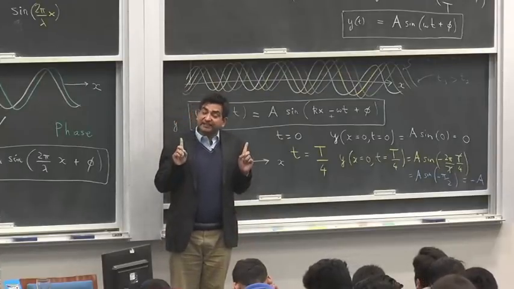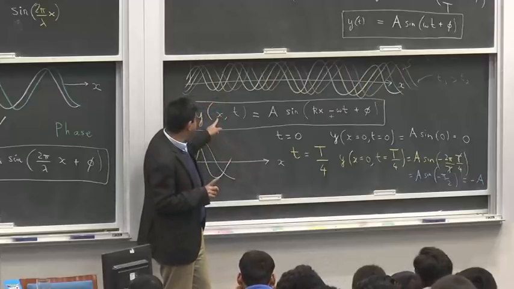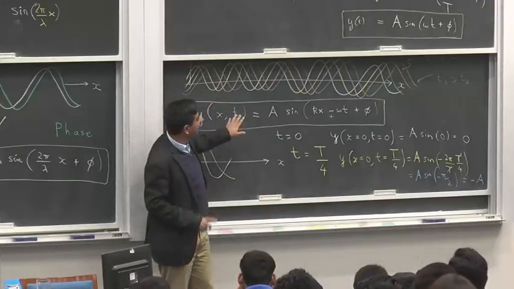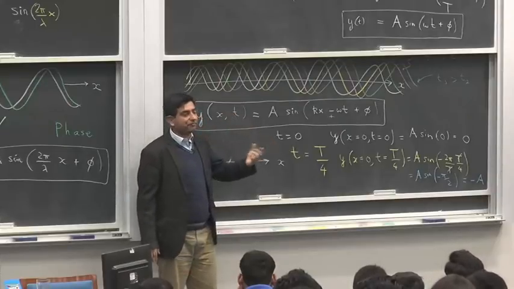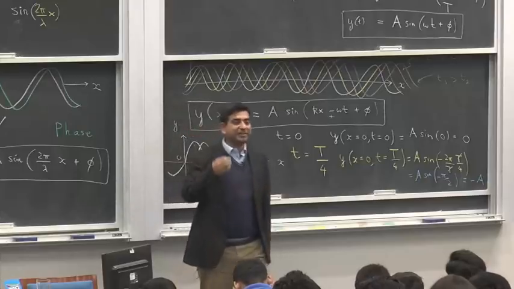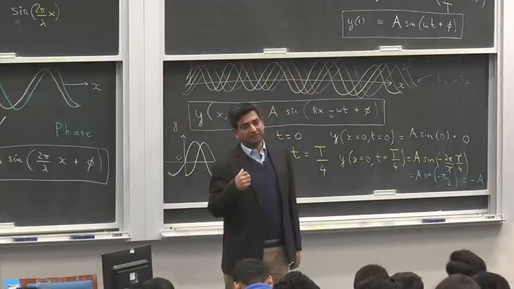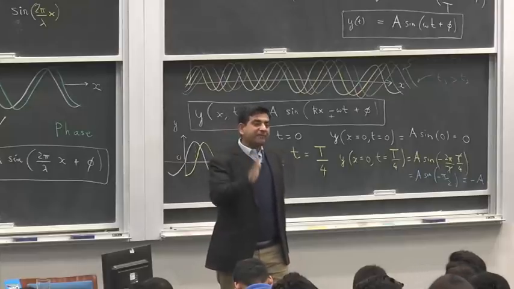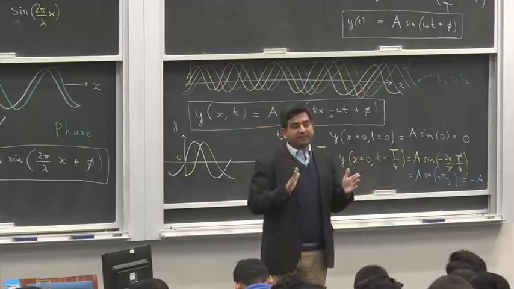Remember, this is a spatio-temporal wave which changes with x, changes with time. Now, I would like to express this wave as a complex number which has a real part and an imaginary part. Alright. Is everyone familiar with complex numbers?